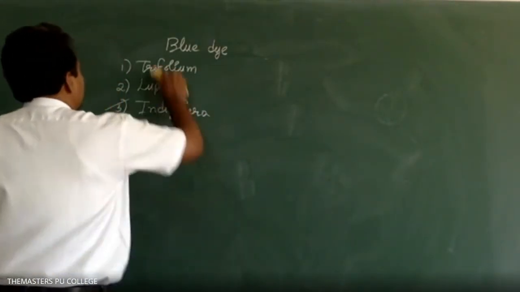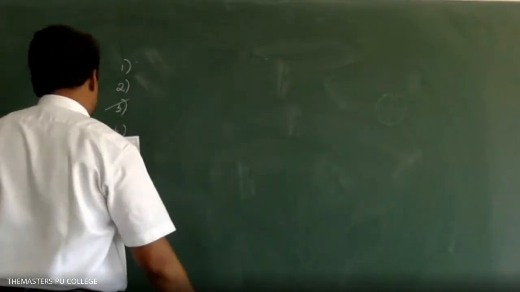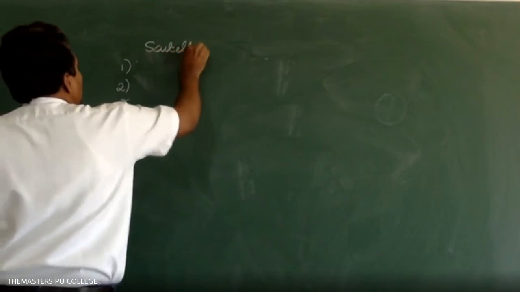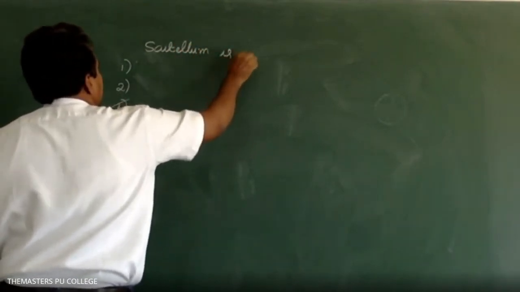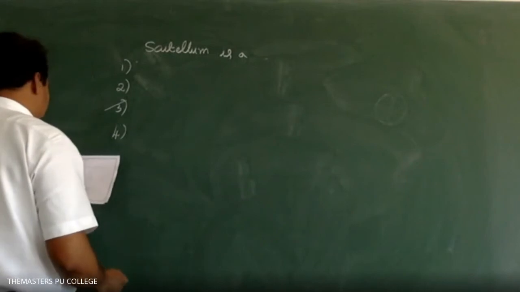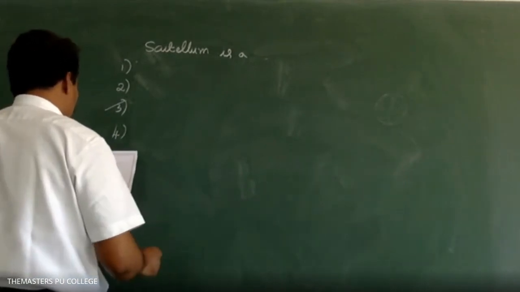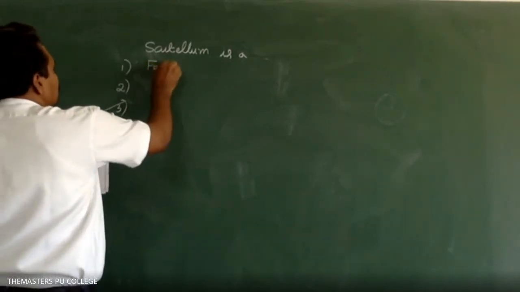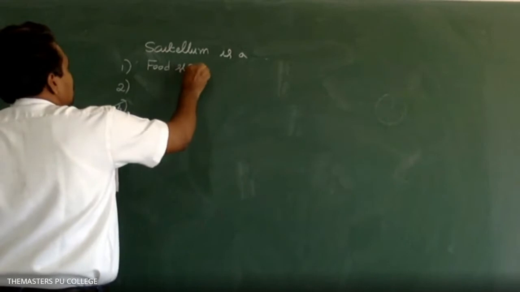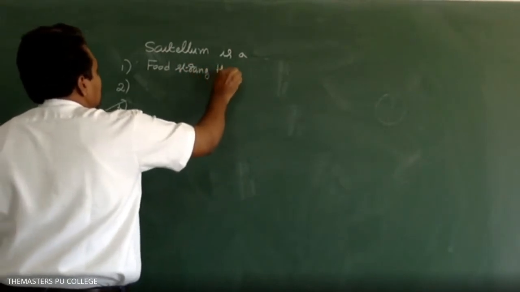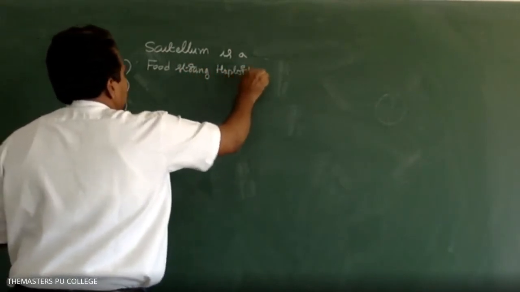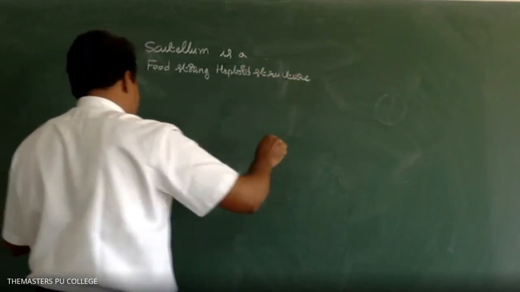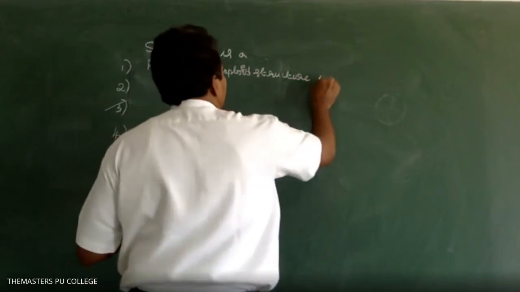Next, scutellum is a... What are the given options? Food storing haploid structure in the embryo.